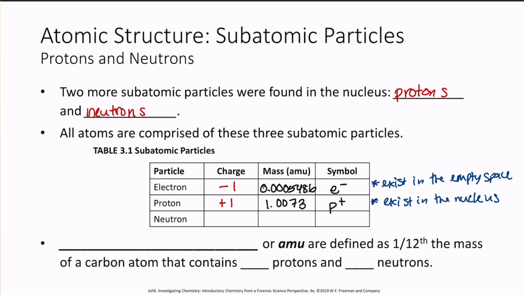So if an element or an atom is charge neutral, it must mean that they have the same number of protons and electrons. Finally, neutrons are charge neutral. They do not have a charge. They have a mass of 1.0087 AMUs, and they are given the symbol lowercase n with a little zero symbol. Neutrons also exist in the nucleus.